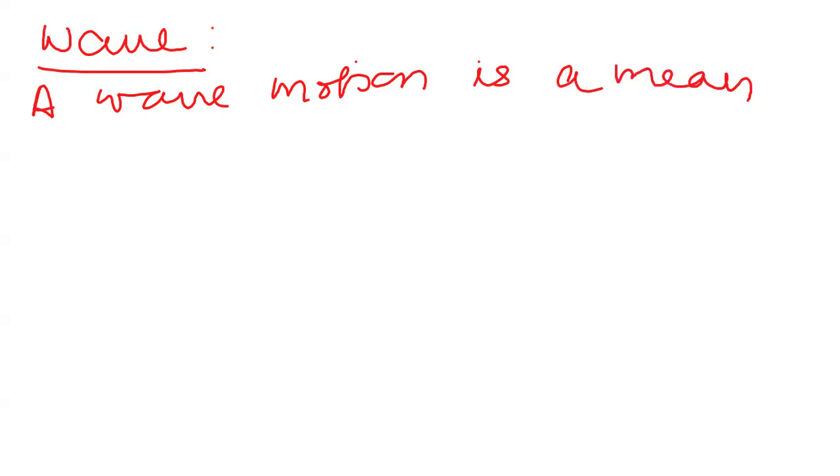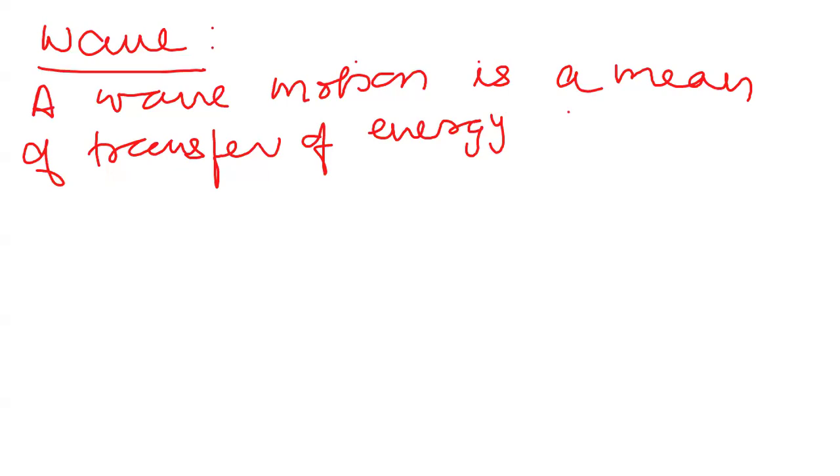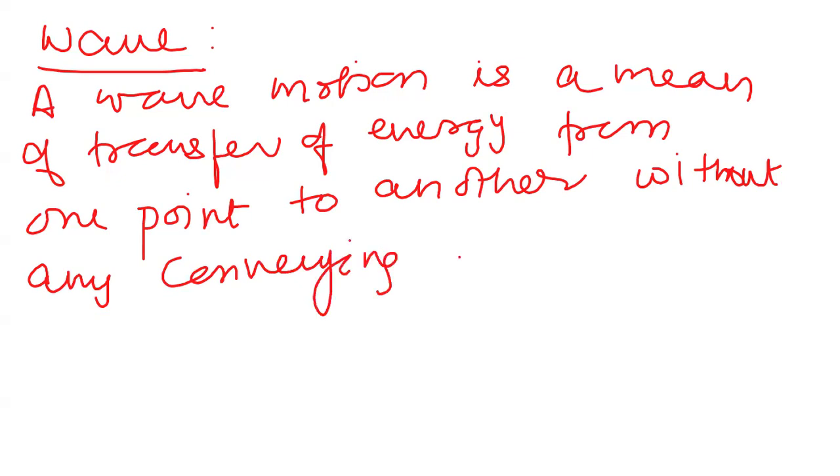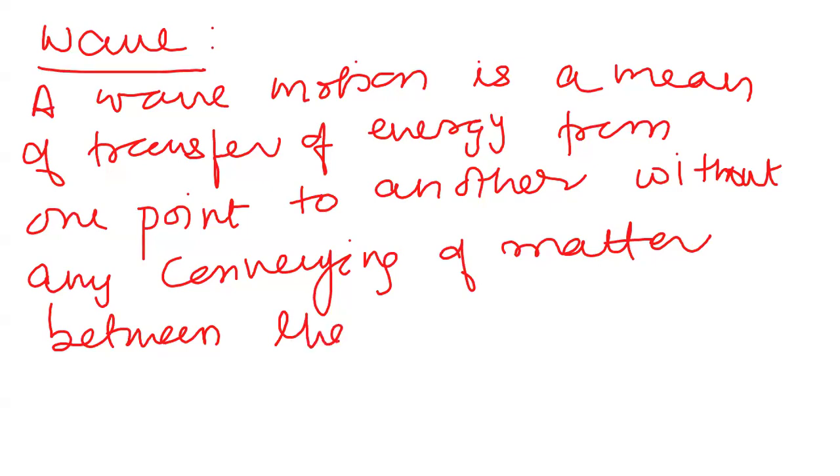So, a wave motion is a means of transfer of energy from one point to another without any conveying of matter between the points. Means there is just the transfer of energy.